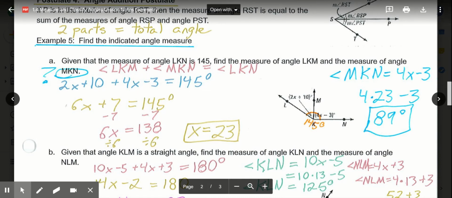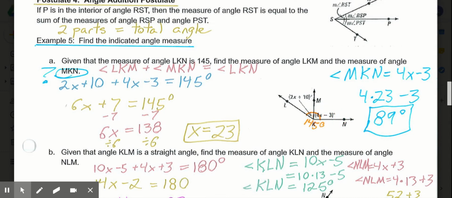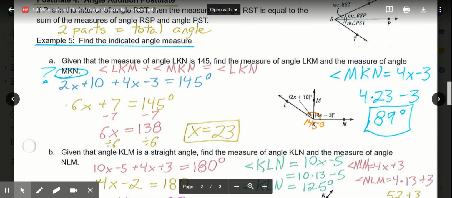So let's start with MKN. MKN is going to be 4x minus 3. I got that info from right here. Plugging in x is 23, so 4 times 23 minus 3. 4 times 23 is 92.